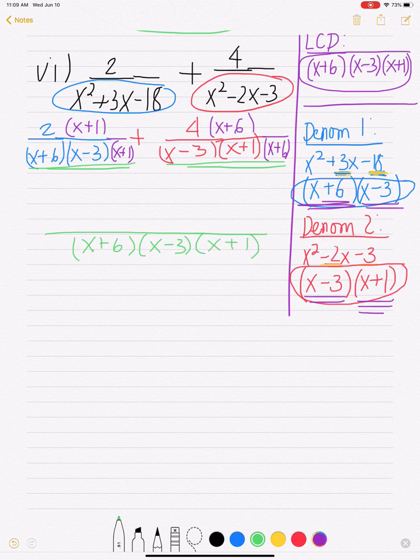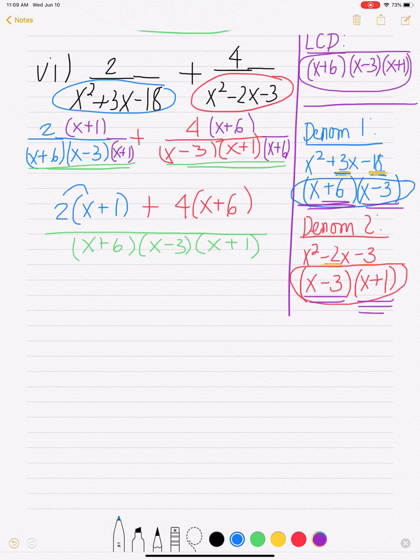And I'm going to take the first top, I'm going to call it the blue top, 2 times x plus 1, and then a plus sign, and then the second top, 4 times x plus 6. And from here, we're just going to clean up the top. By clean up the top, I mean, first of all, distribute the 2.